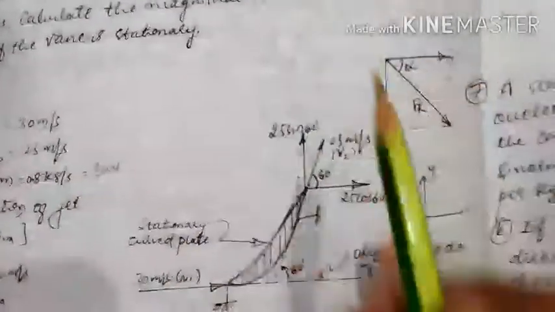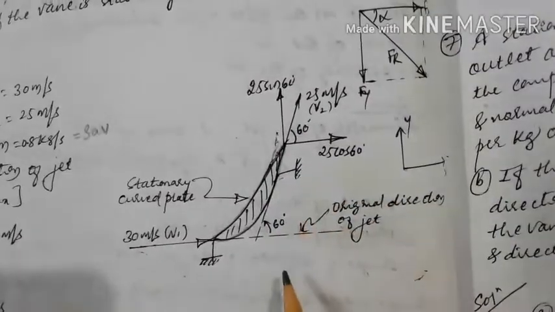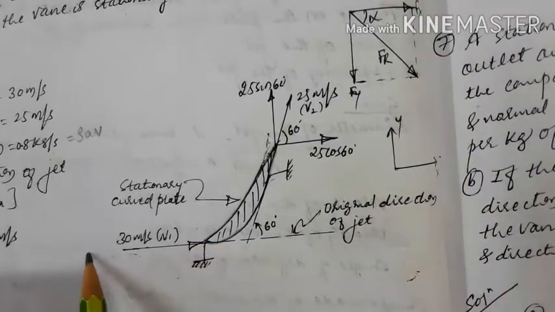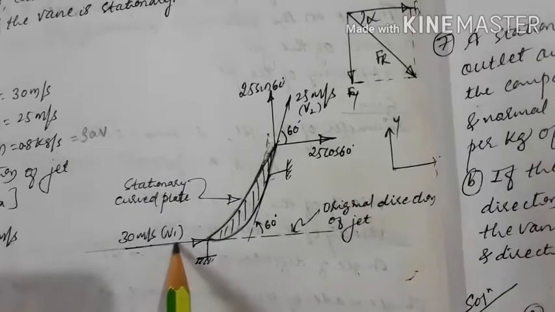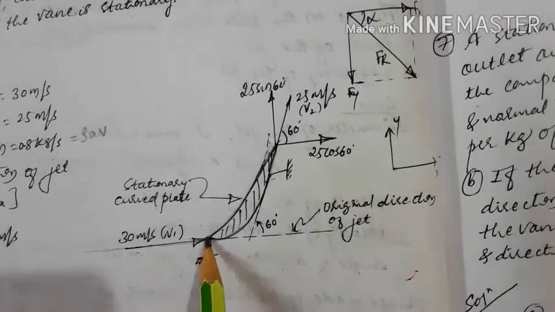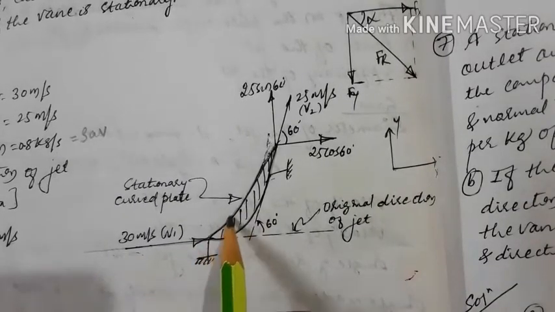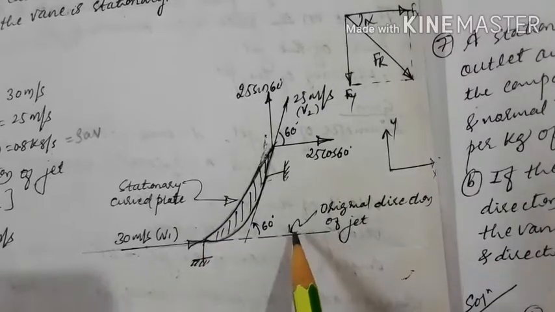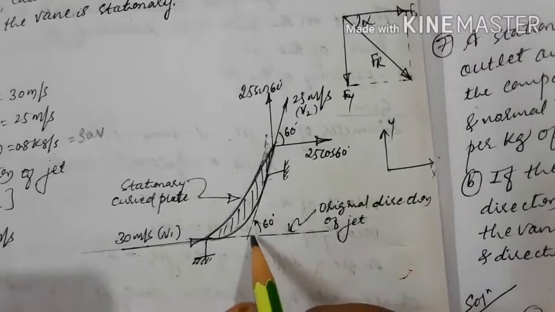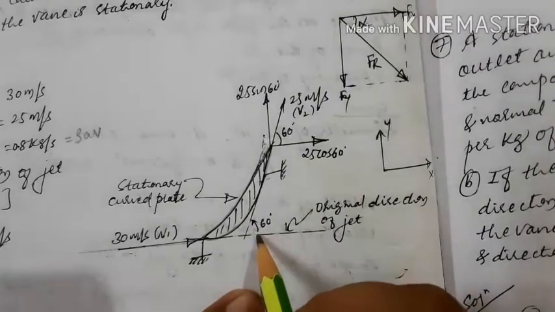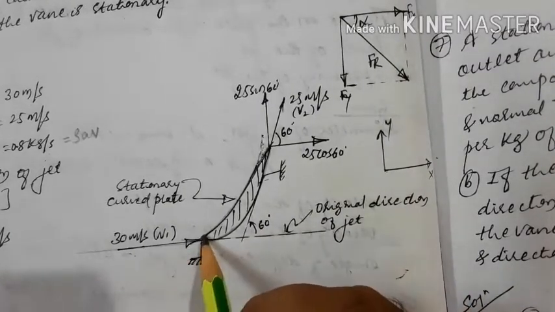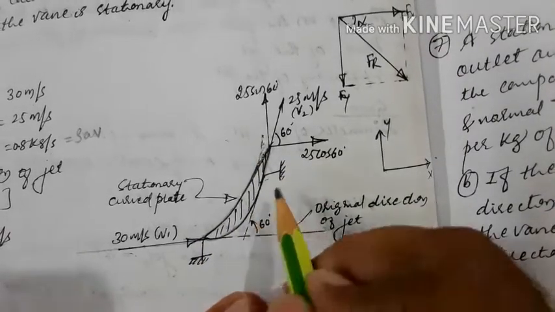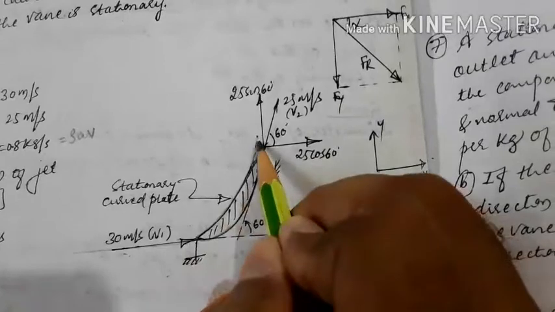The jet is deflected through 60 degree from its original direction, means this is the direction of the jet which is entering tangentially into the passage of the curved vane. If this is horizontal, then the deflection angle is an acute angle, that is 60 degree. The moment it strikes, it will deflect like this, making an angle of 60 degree here.